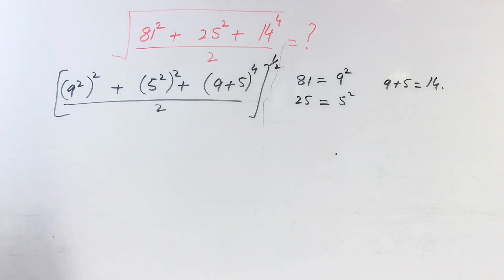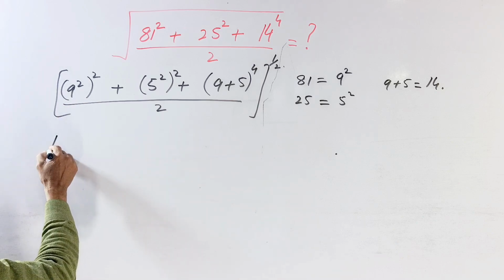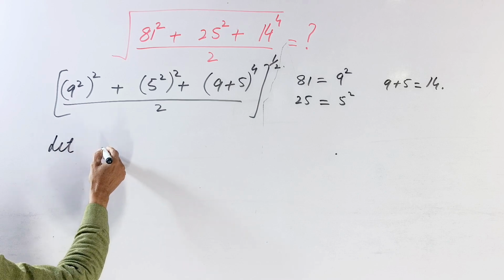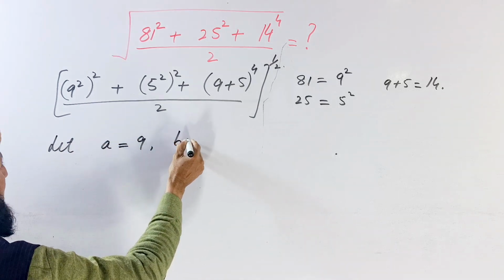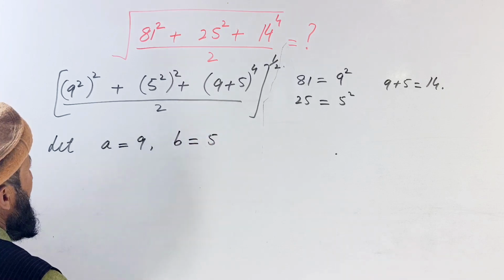Now according to the rules we can apply here, we make a supposition. Let's suppose that A is equal to 9 and B is equal to 5.